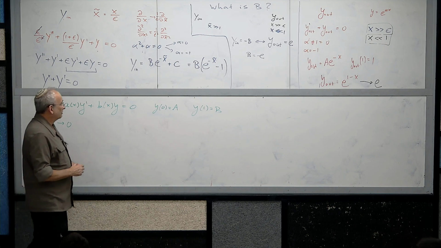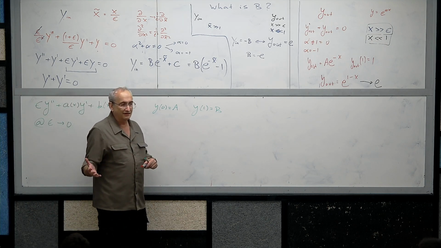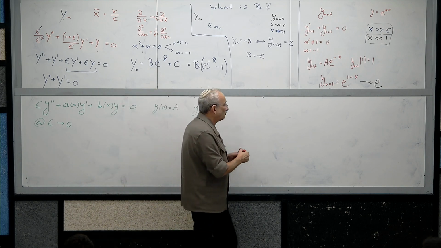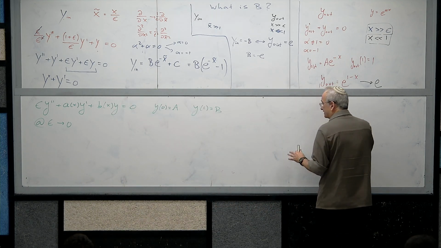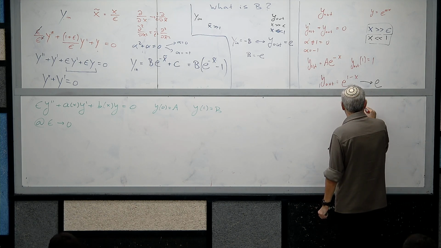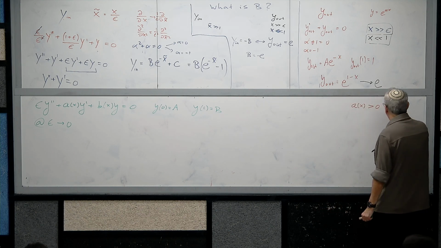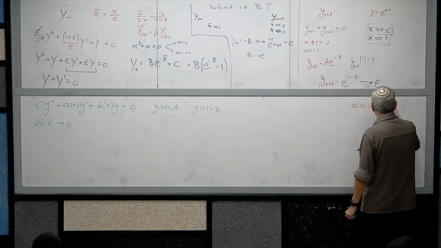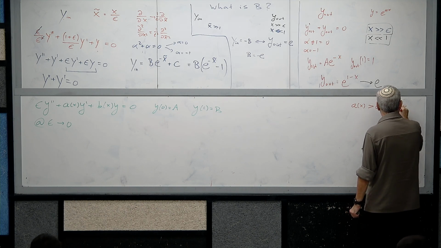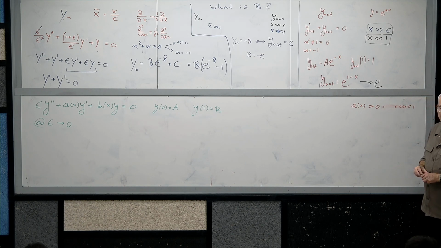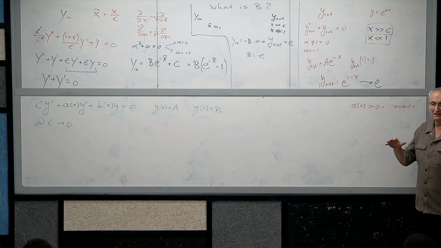So first of all, you have to divide the system into the inner and the outer regime. Right? And I would like to assume, later we will relax this assumption, that a of x is larger than 0 when x is between 0 and 1. So a is positive. This is all I'm asking a to do. Be positive between 0 and 1.